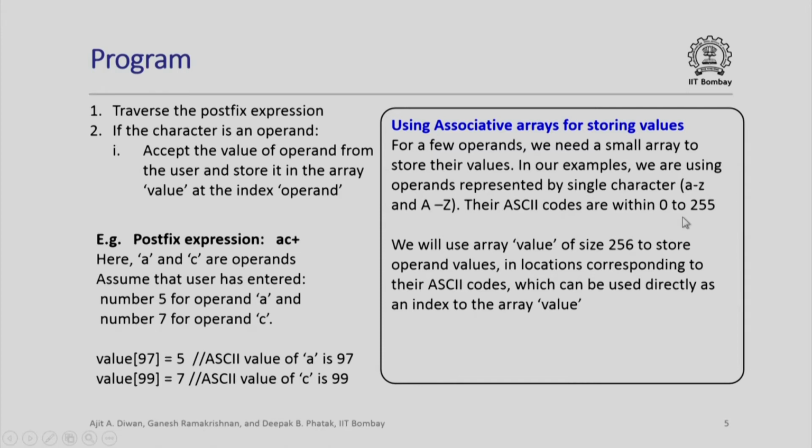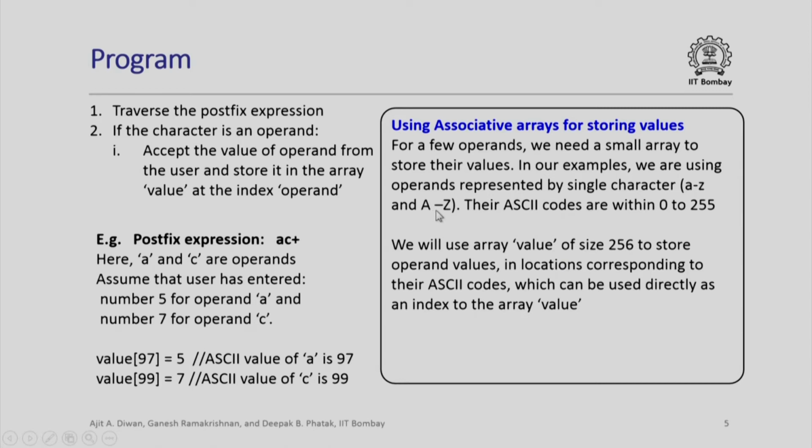Now, imagine that we use a value array which is of size 256. Now, this is a large array, but suppose we said that the value of an operand A will be stored in that element which corresponds to the ASCII code of A.